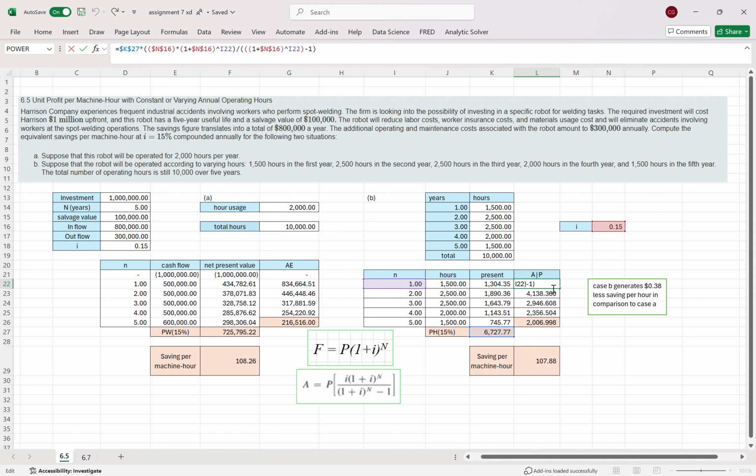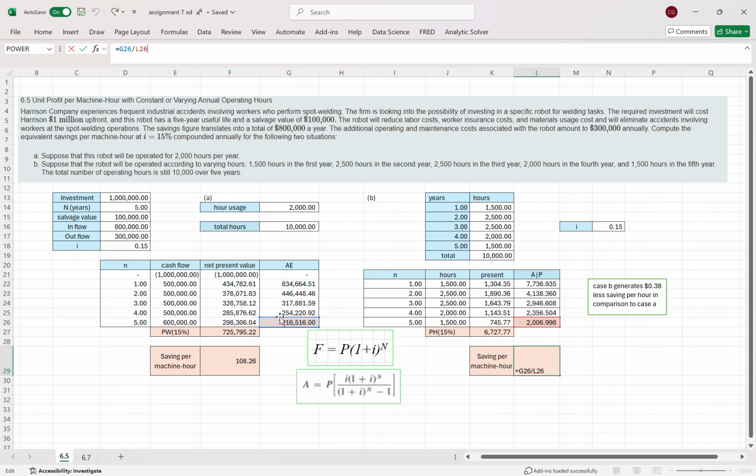And then once I set up that formula, I dragged it down, and for the last period, I got a total of 2006.99 hours.